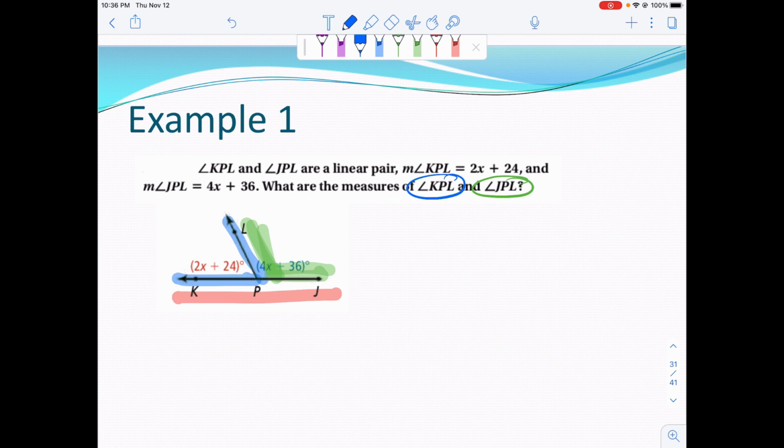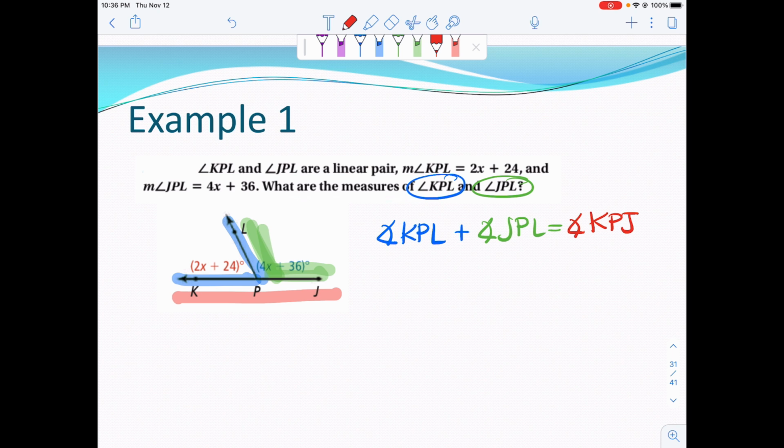But remember, we always have to write the geometry part first. So we're going to write angle KPL plus angle JPL is equal to angle KPJ.